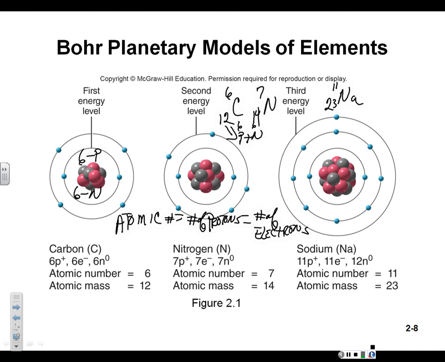Alright. So if I have 6 protons, I have how many electrons?